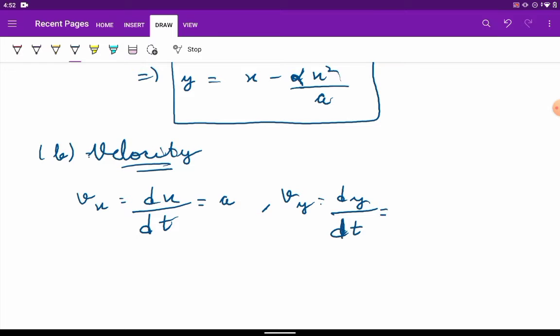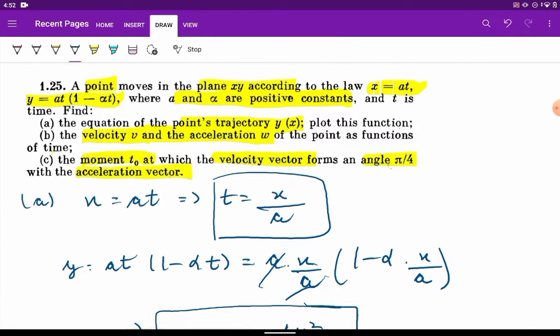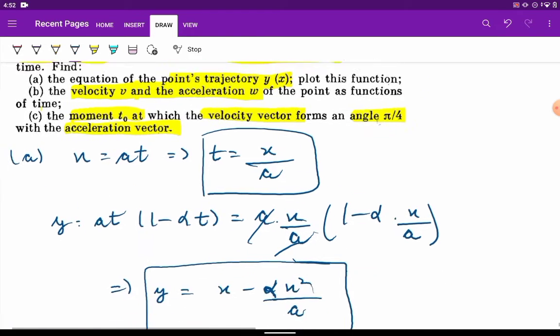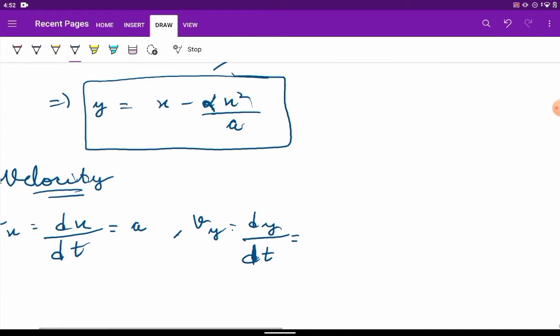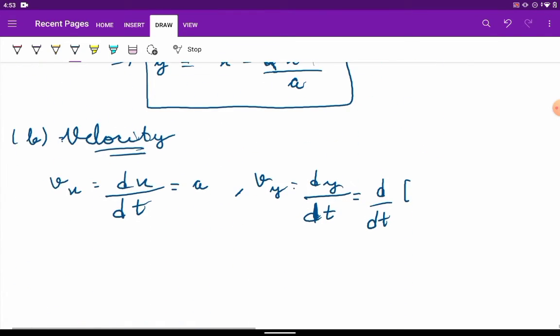So y in terms of t is at into 1 minus alpha t, and we just differentiate it with respect to time.